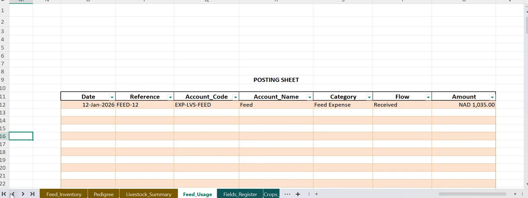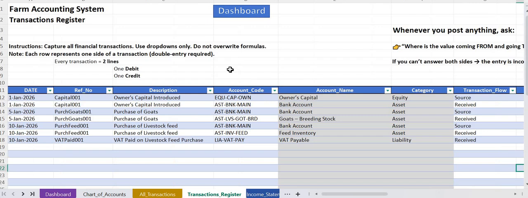Let's quickly go and record this, and then you'll see. Let's go to the transactions register. When was that? That was on the 12th, right, that we fed. Month first, then 12, then 2026.